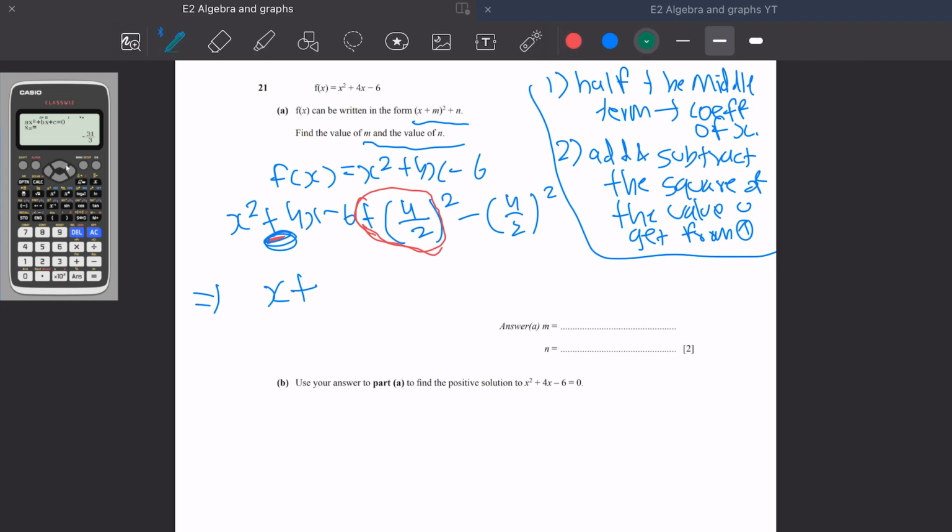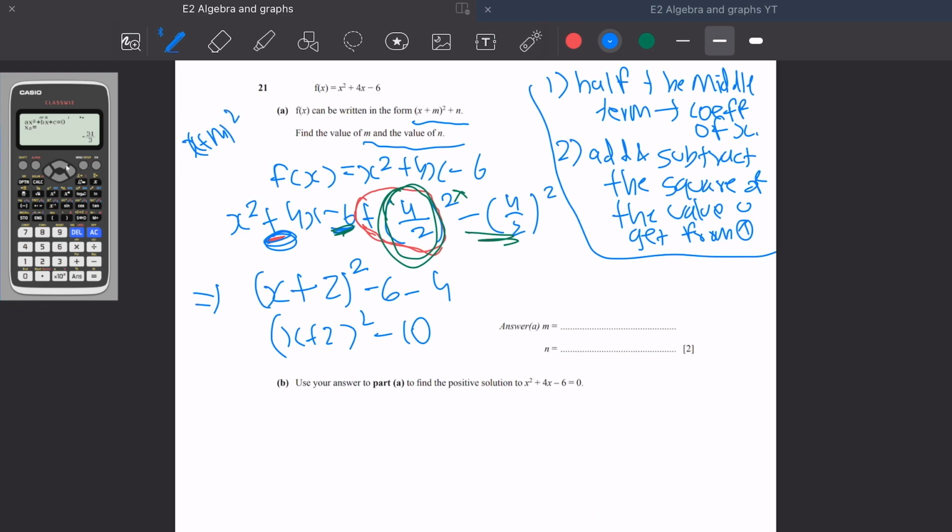Whatever the value that's inside the bracket, you ignore the square here. 4 by 2, that's 2 whole squared. Then write what was left: that's minus 6 and minus 4 by 2 squared, that's minus 6 minus 4. So x plus 2 whole squared minus 10. Now we have to write in the form x plus m whole squared plus n. So m is 2 and n is minus 10.